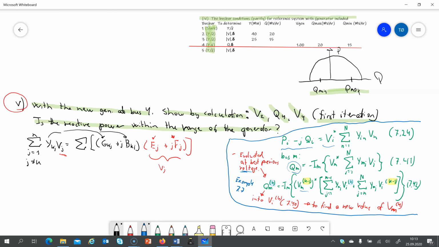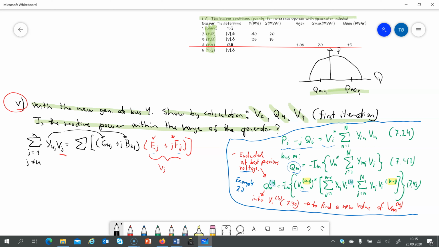For this, just try to go through example 7.7 in the book. However, I will use a slightly different notation now, so I will further work on this E and F I'm talking about here when we calculate. On the right-hand side, bus M was the bus we are evaluating, and the other buses are from J equal 1 to M minus 1, plus M plus 1 to N. This is how you can do it. Just keep track of the different notations.